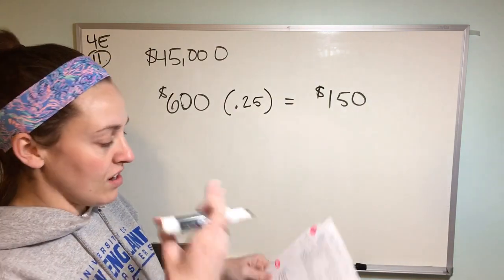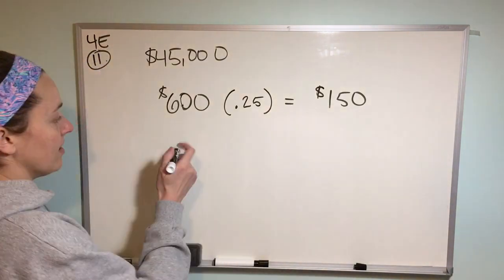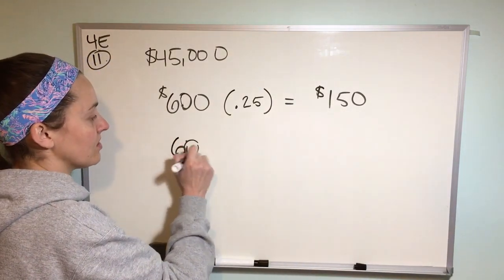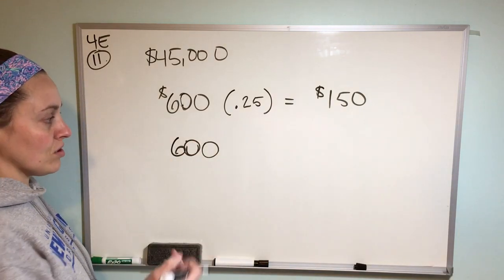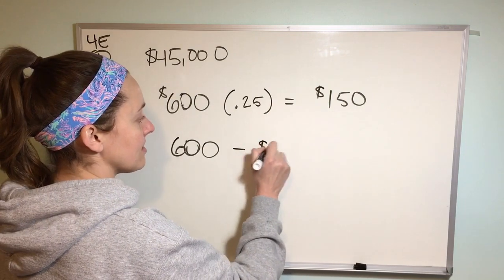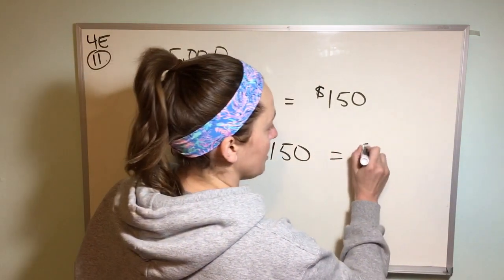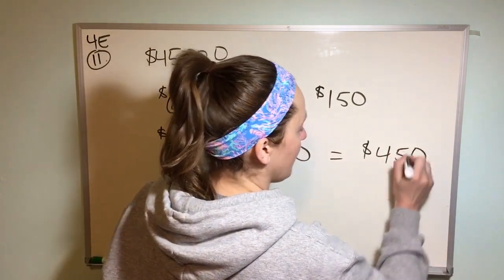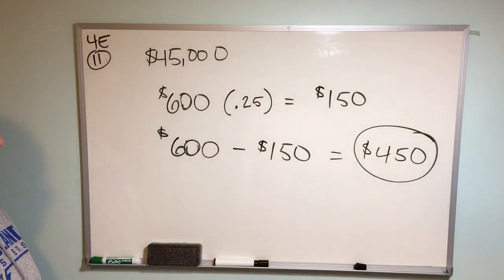So the way you can figure out what they're asking in number 11 is you subtract them. You say, okay, well, I have $600 that I'm not going to get taxed on. So usually you would be spending $150 in taxes. But since you're not going to get taxed on it, your monthly change in take-home pay is only this, $450.